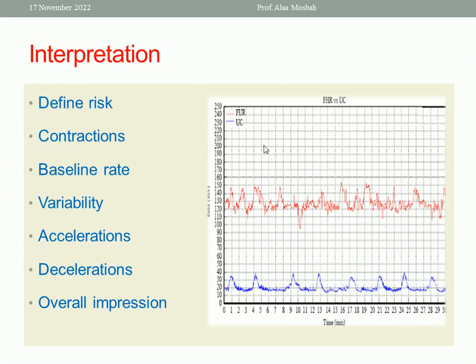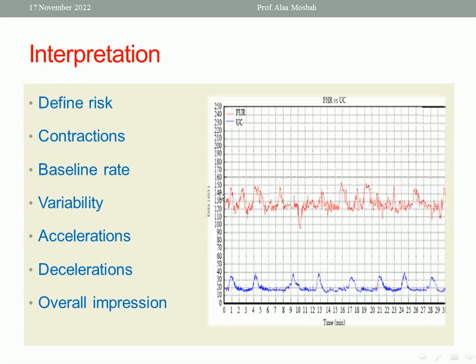Is it healthy or not? So the variability is something important from beat to beat, as in this one. And the normal shouldn't exceed 25 and shouldn't be less than 5. So it is between 5 to 25 beats per minute.